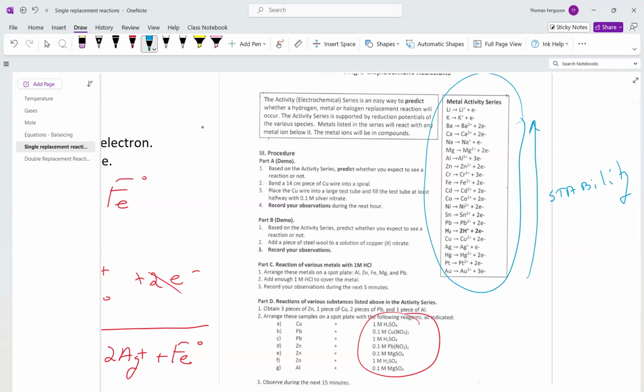So lithium at the very top going to lithium cation plus electron is extremely stable. At the bottom, gold going to the gold cation is not very stable at all. So basically, gold wants to stay a metal, and lithium does not want to stay a metal.